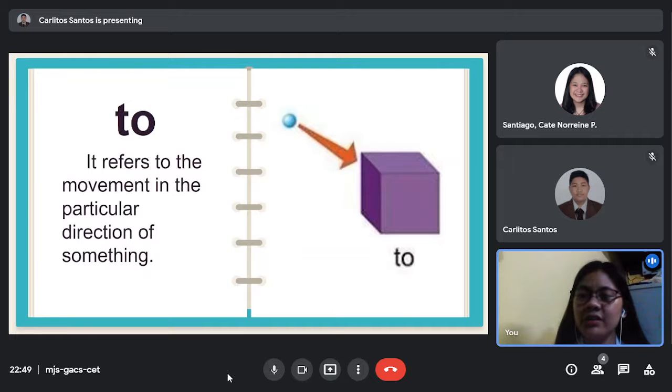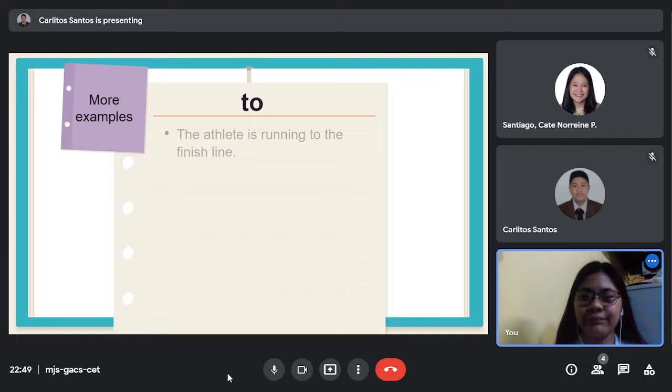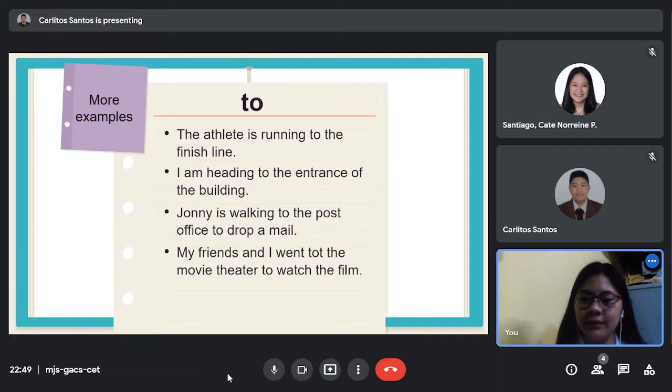Let's have different sample sentences of the word to. Here are some more example sentences of the word to. Number 1, the athlete is running to the finish line. Number 2, I am heading to the entrance of the building.